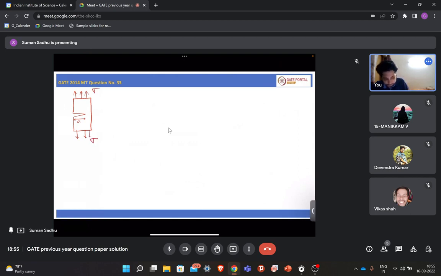Your stress at a very large distance from the crack will be a straight line only. But when this stress line comes near the crack, it will bend because of the unavailability of the material, or unavailability of the path. So what will happen? A large amount of stress will get concentrated near your crack tip.